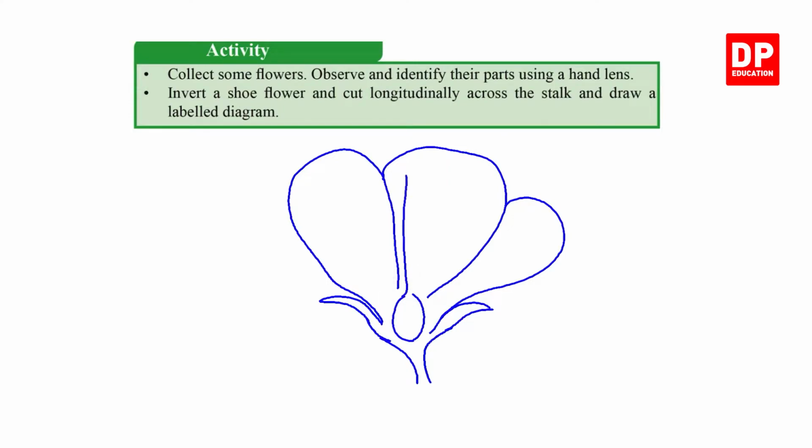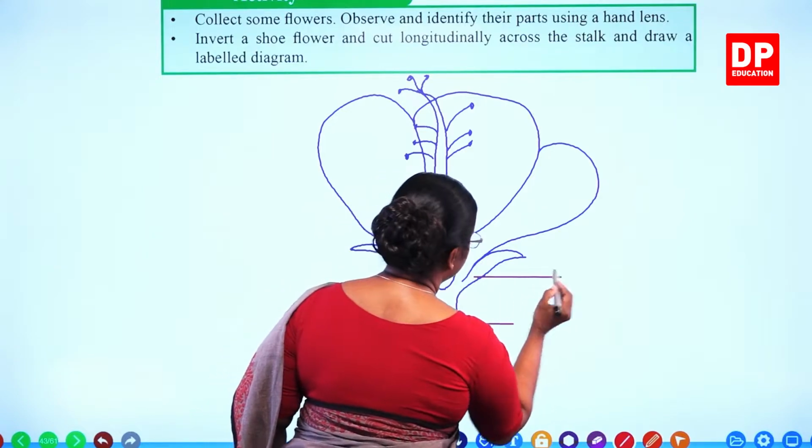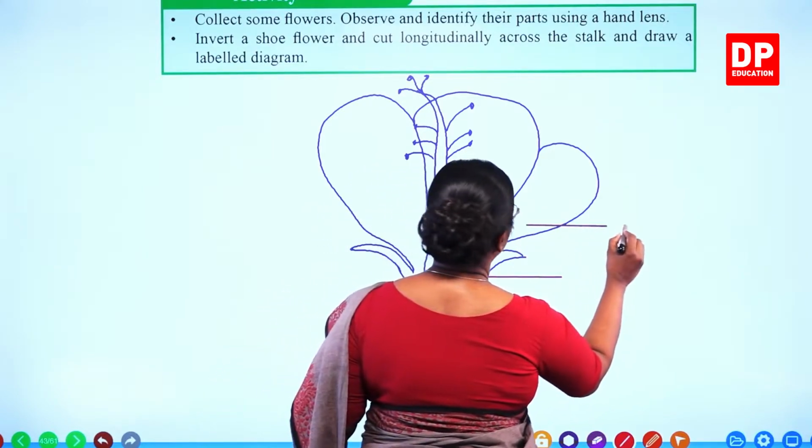From the ovary we have the stigma and here the style. Then we have the androecium. So those are the parts that you basically need to draw. So here we have the stalk, then we have the different parts.